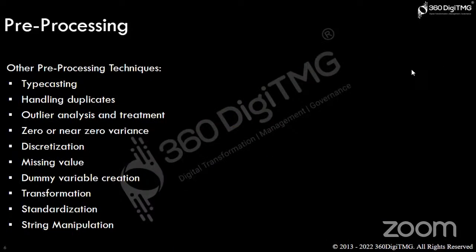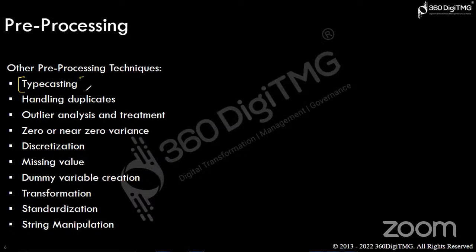When it comes to pre-processing, data pre-processing is very important. In pre-processing, we have to consider different factors such as typecasting. There may be a chance that we have to convert the data type.